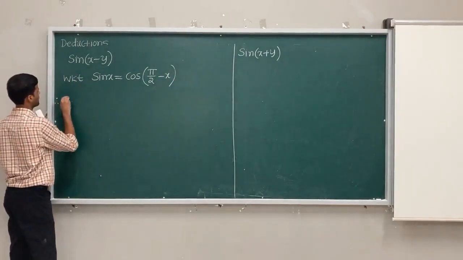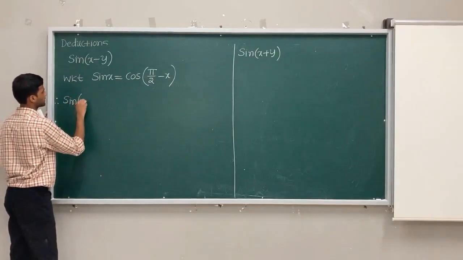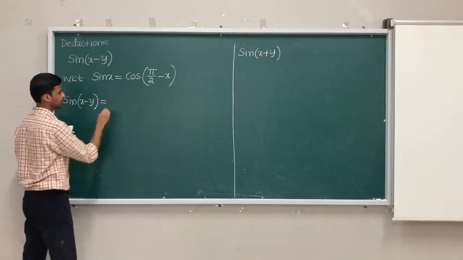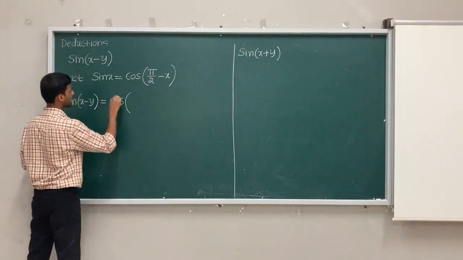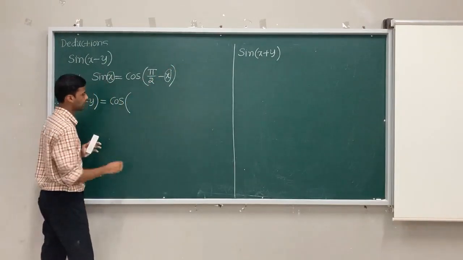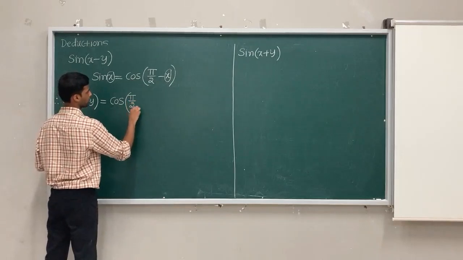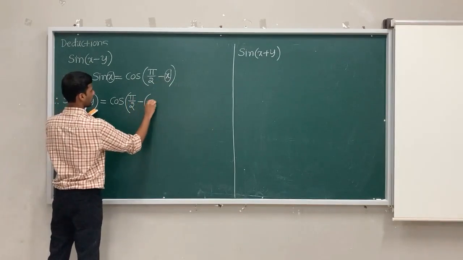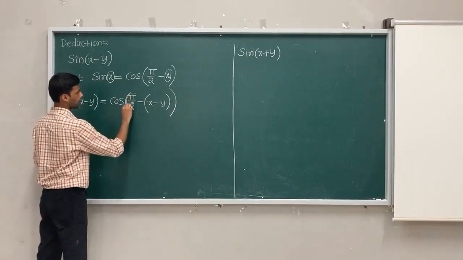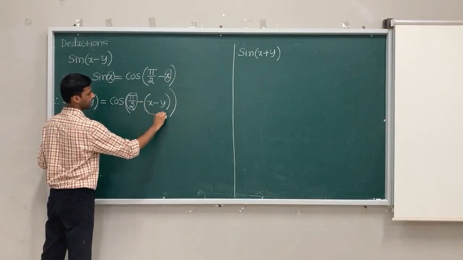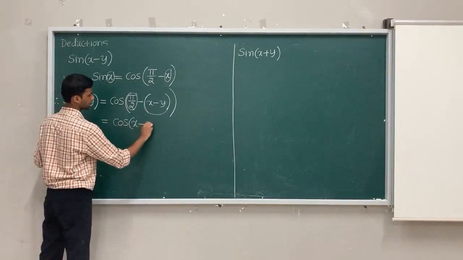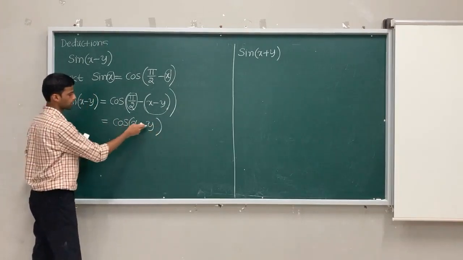Therefore, sine of x minus 1 is equal to cos of pi by 2 minus, and in place of x, I will use x minus 1. Now it looks like cos of x minus y.